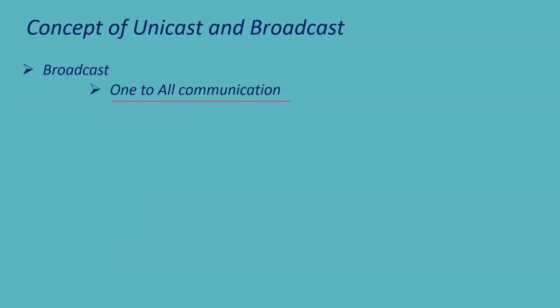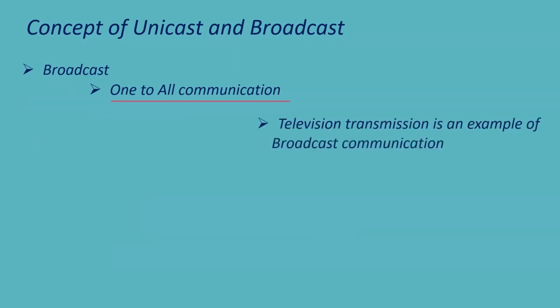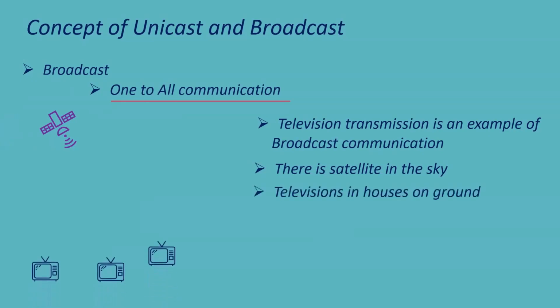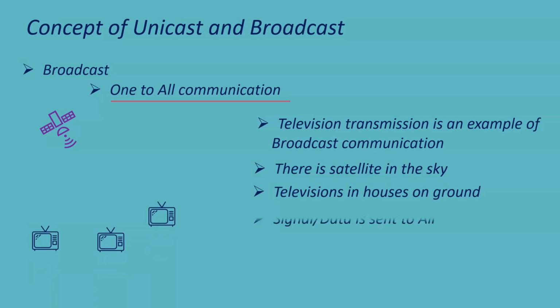Now, how can you understand this concept? Television transmission is an example of broadcast communication. There is a satellite in the sky which is constantly sending television signals, and there are televisions in houses on the ground. This signal data is sent to all.